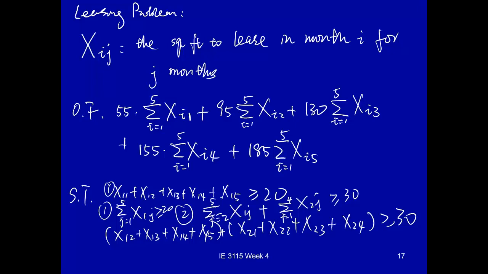Those are all be able to use to cover the second month, plus the new ones. So this subscript, the I is 2 because you are in the second month. So you use the second month's lease, and this J can go from 1 to 5. But we know we won't go to 5 because you are already in the second month. It does not make sense to lease for 5 months.